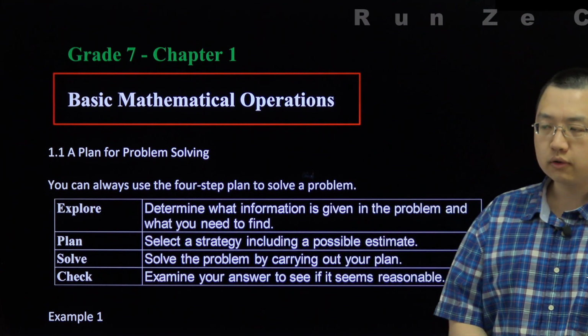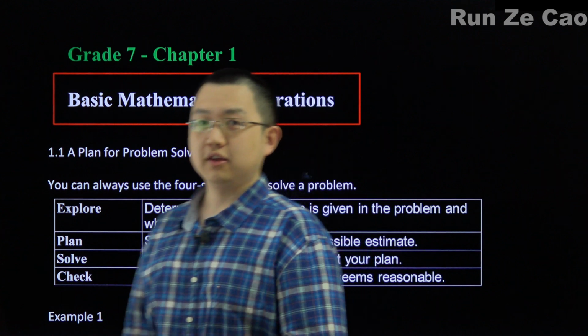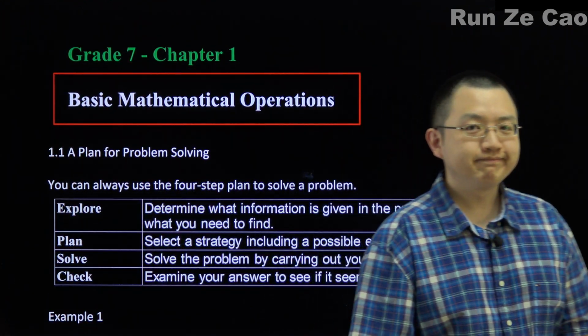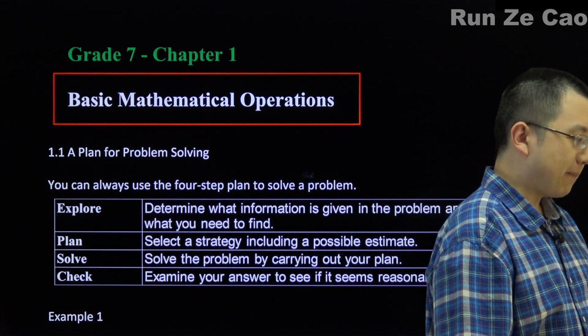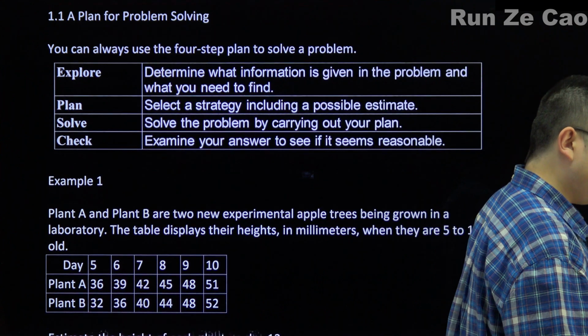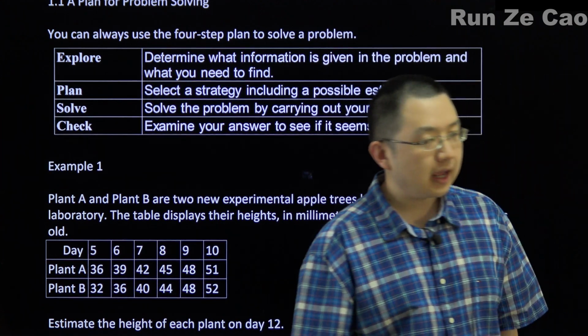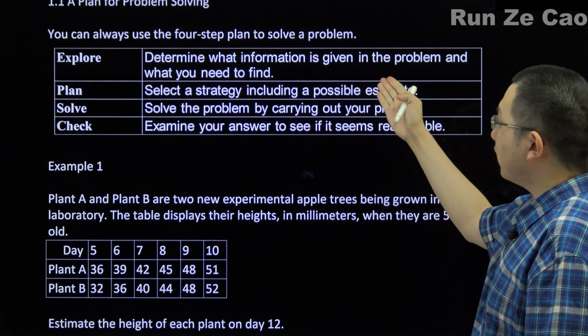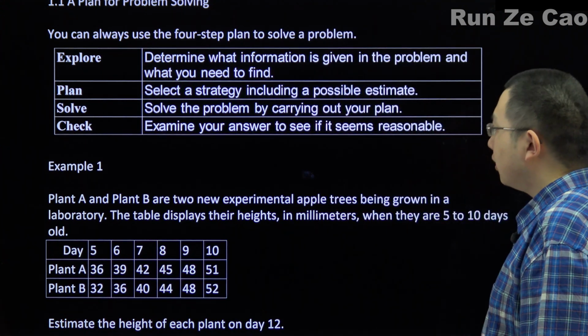As is pretty typical for North American math textbooks, the first chapter is an obligatory review chapter, pretty much. So, basic mathematical operations. You can always use a 4-step plan to solve a problem. You explore what is given and what is required.